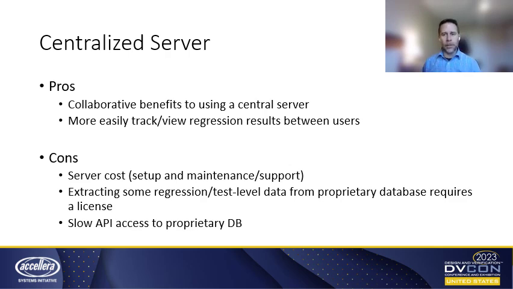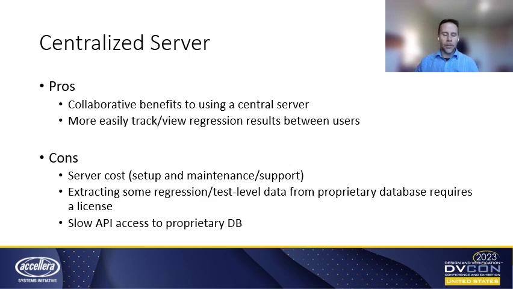A better approach in our minds would be to run the regressions as standalone processes and then still provide a central server where results could be logged as needed. This also has the benefit that not every regression run is logged into the server, but only the ones that you care about. So if you have certain ones throughout the day, or throughout a week or a month, that's fine, but every single debug run doesn't clog up the server.